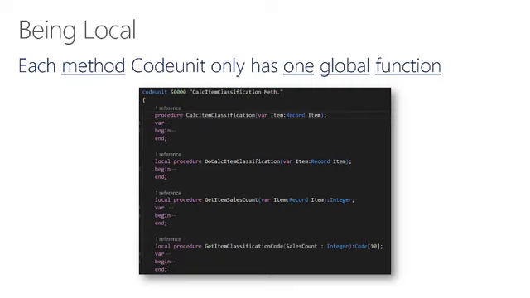We have one global procedure that calculates the classification, and then we have a number of local procedures that function as subroutines for the main function itself. We'll go into why we have those, and why it's necessary to have a number of procedure calls rather than just putting everything into one single method.